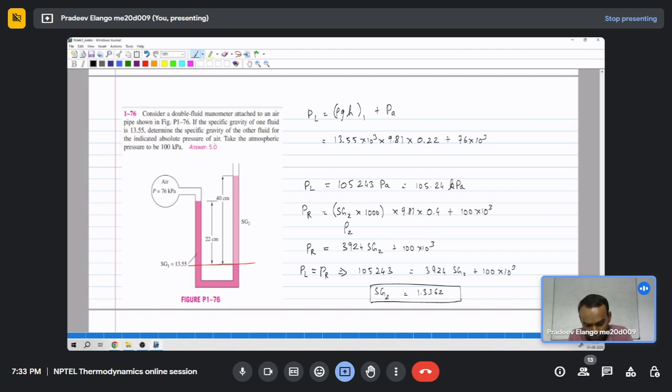Here the answer is given as 5. If there are no questions in this problem, we can move on to the next one.